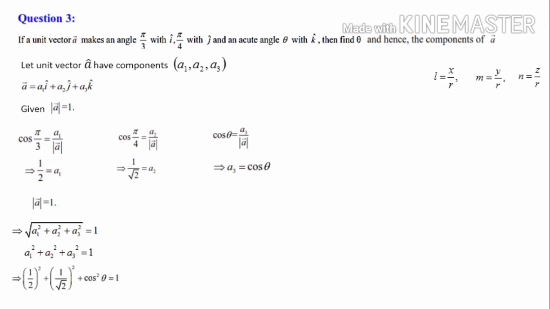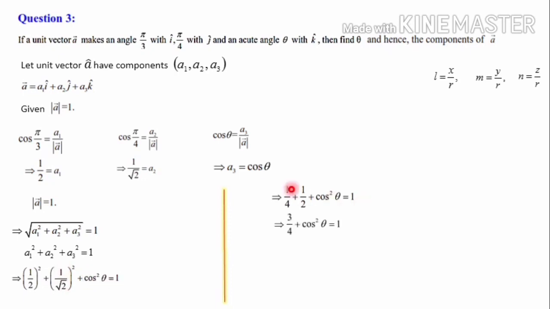Let's substitute the values. a1 is 1 by 2, that is 1 by 2 the whole square. a2 is 1 by root 2, so when you square it, 1 by root 2 the whole square, plus a3, that is cos theta, squared, is equal to 1. Go for the calculation. That is 1 by 4 plus 1 by 2 plus cos square theta is equal to 1.